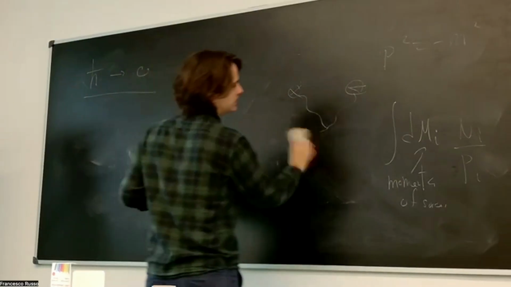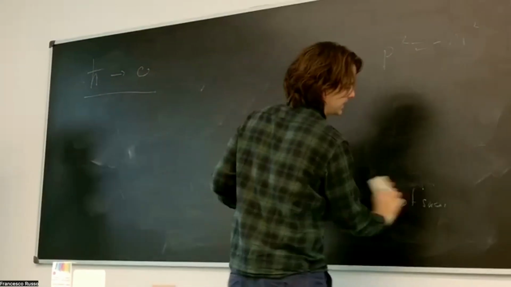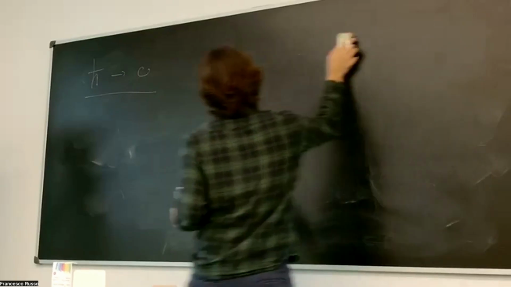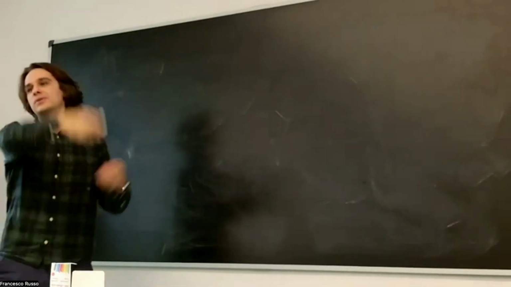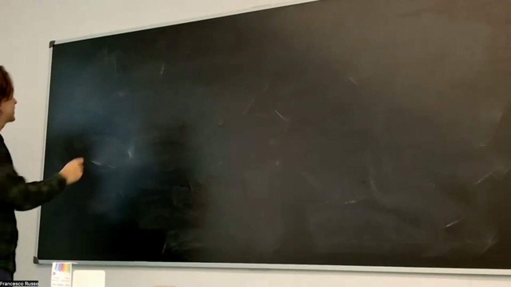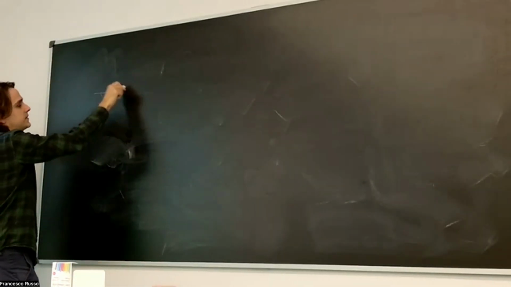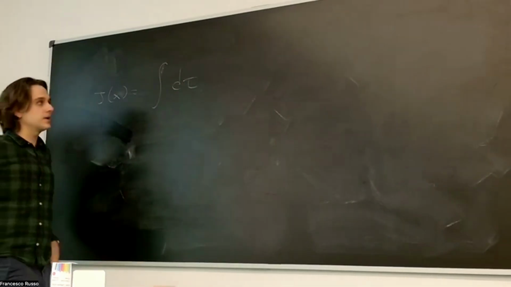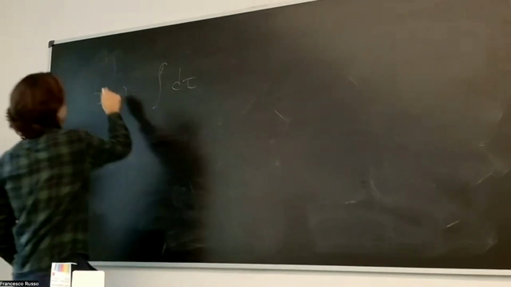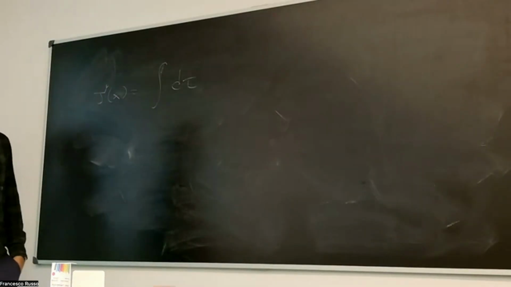Let me make one comment about this. How do we see that this has anything to do with the sources that I was saying? Let me give you an example. If my source is actually a particle, which is what we deal with oftentimes in classical field theory, because we ask what is the radiation by an electron moving along some trajectory, the source will be an integral over some affine parameter along its world line of a current, for instance, for electromagnetism.